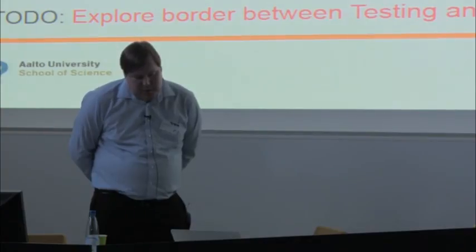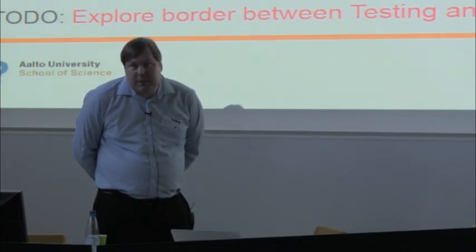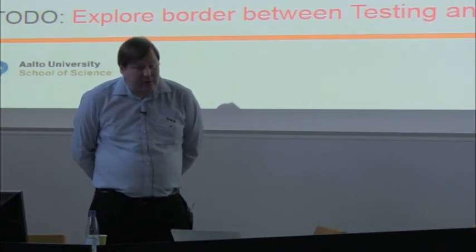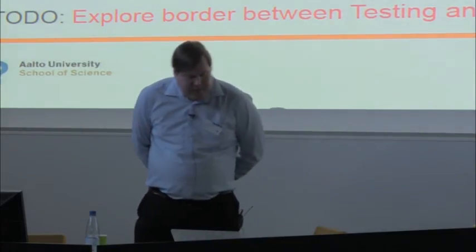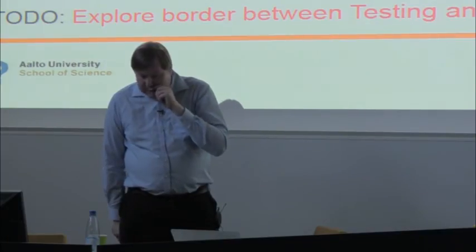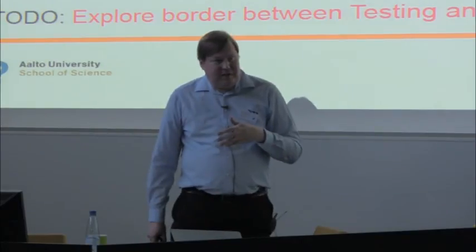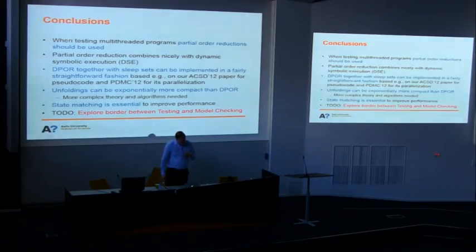Unfoldings are exponentially more compact than DPOR, but you need more complex theory and algorithms, so that's more work. State matching seems to be essential for performance, and we're exploring the border between testing and model checking, because many of our techniques can actually prove that there are unreachable things. So we're actually fairly close to model checking already. Okay, that's it. Thank you.